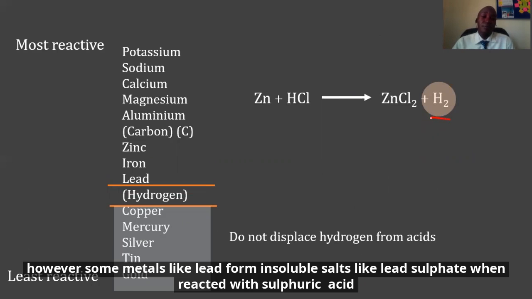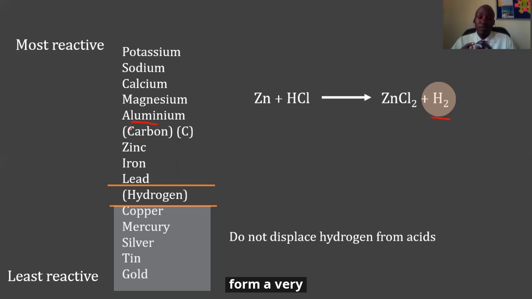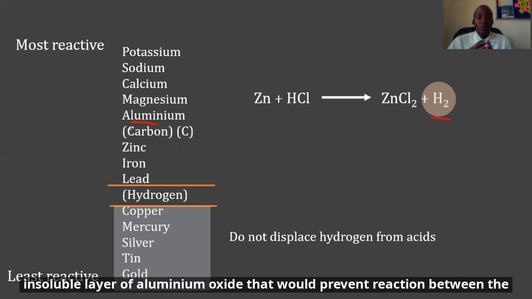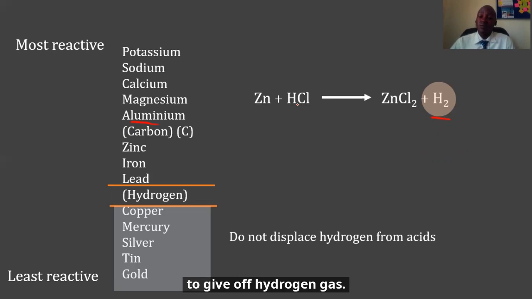However, some metals like lead, which form insoluble salts like lead sulfate when reacted with sulfuric acid, and aluminium will not be able to react with acids because aluminium tends to form a very insoluble layer of aluminium oxide that will prevent reaction between the acid and aluminium. However, elements above hydrogen will be able to react with the acid to give off hydrogen gas.